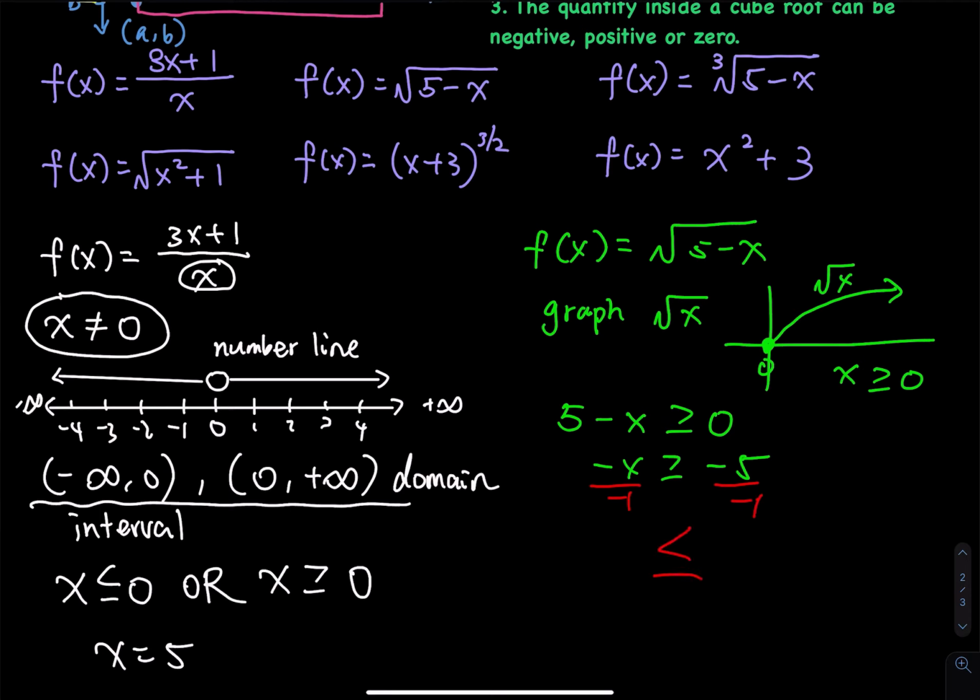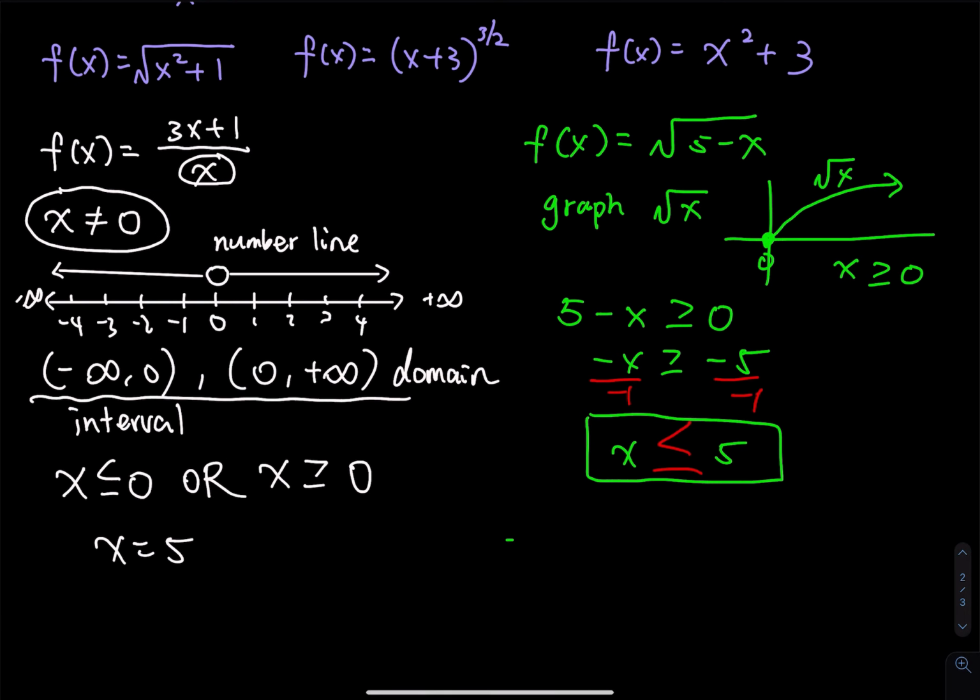Let me say this again. When you multiply or divide both sides of an inequality by a negative quantity, you have to reverse the inequality symbol. It can be negative 6, negative 10. As long as that is negative, multiply or divide, you have to flip the symbol. Okay, write the result. We have x less than or equal to 5. Okay, so this is the domain.